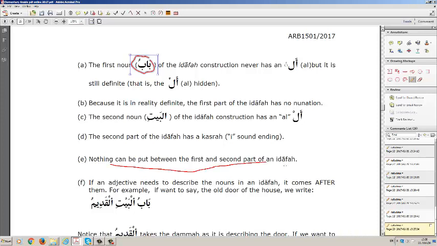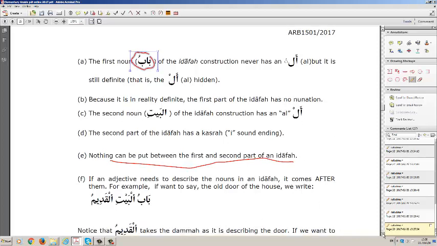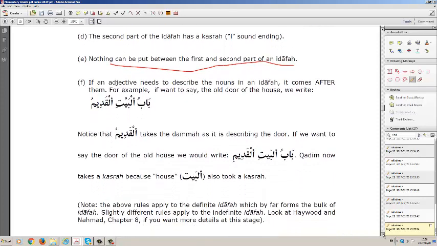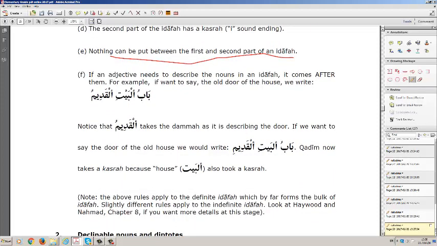Here is another rule: nothing can come between the first and the second part of an idafa, of a genitive construction. If an adjective needs to describe the nouns in an idafa, it comes after them.